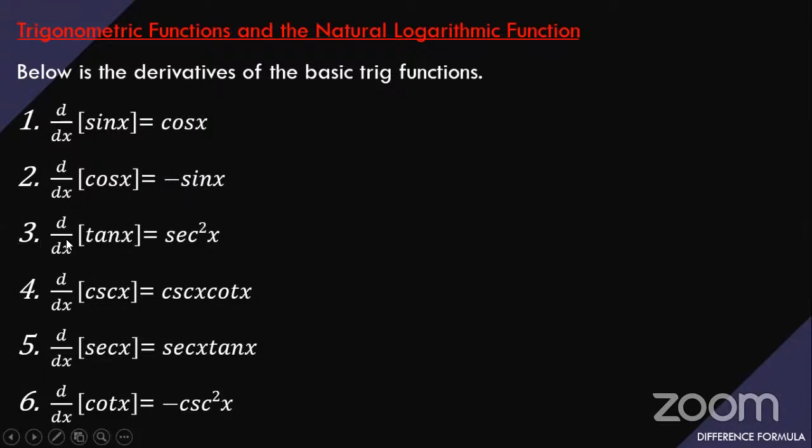If we differentiate d/dx of tan x, what we'll get is sec squared x. If we differentiate d/dx of csc x, what we'll get is minus csc x cot x. If we differentiate d/dx of sec x, what we'll get is sec x tan x. If we differentiate d/dx of cot x, what we'll get is minus csc squared x.